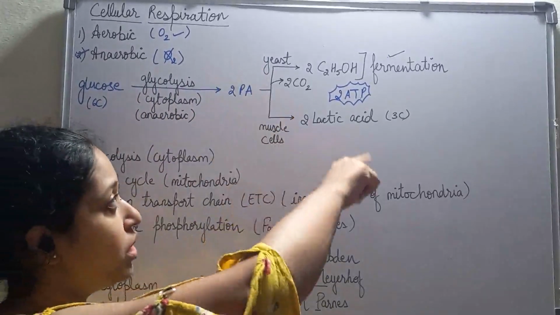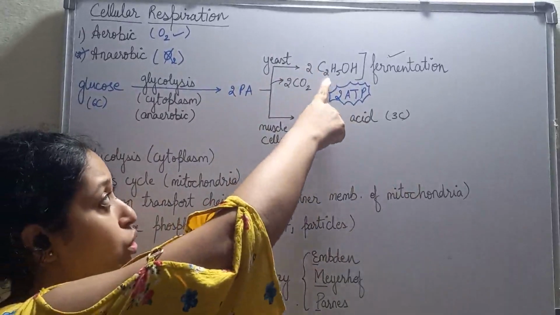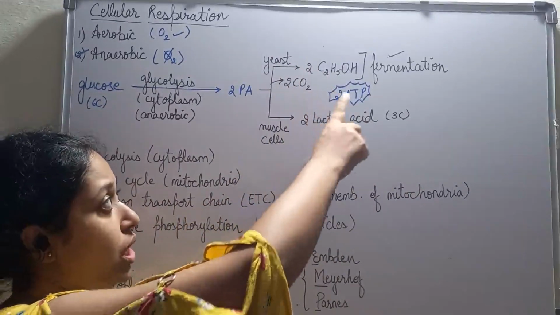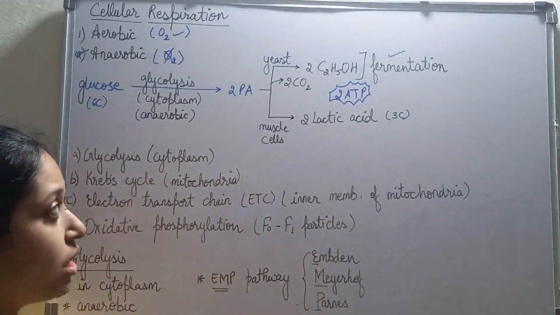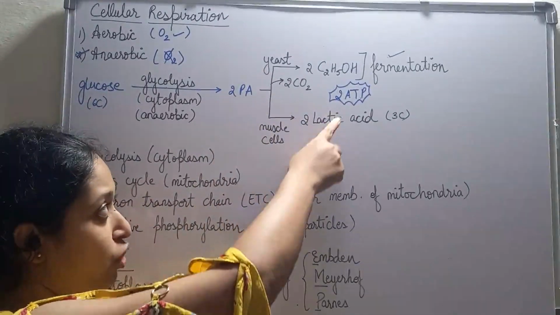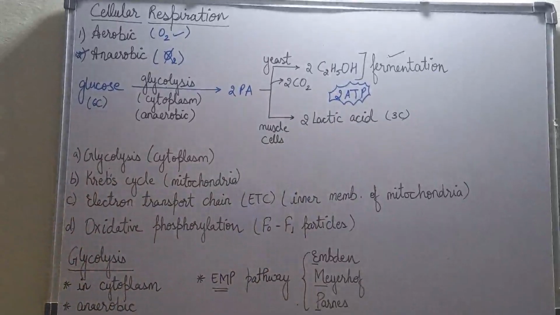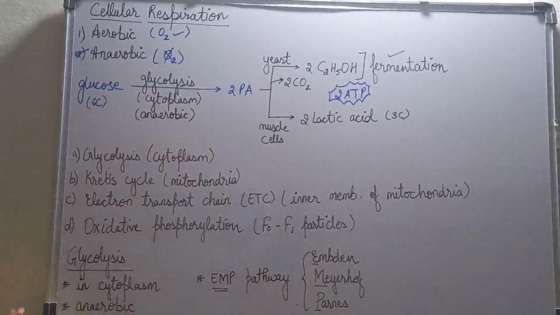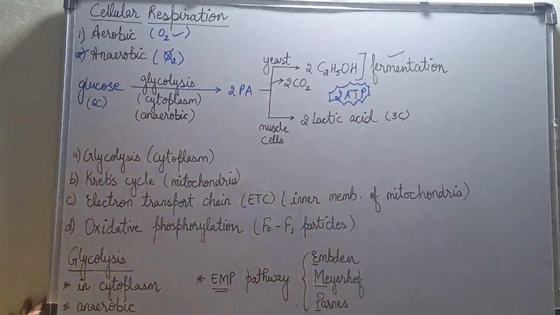In the presence of yeast, it undergoes fermentation and converts into ethanol with the release of carbon dioxide and 2 ATP. And if it is in the muscle cells, pyruvic acid will form lactic acid along with the release of 2 molecules of ATP. So this is what anaerobic respiration is all about.